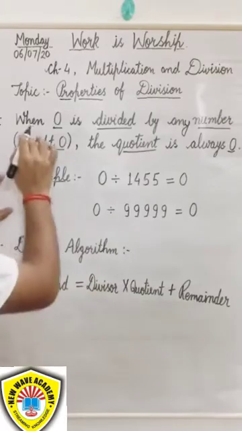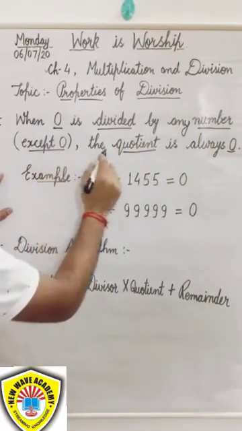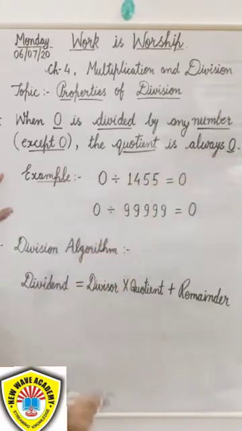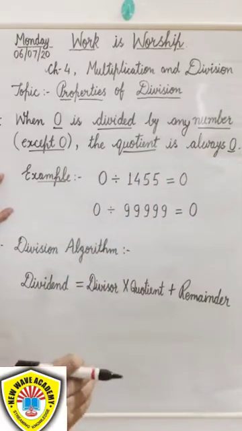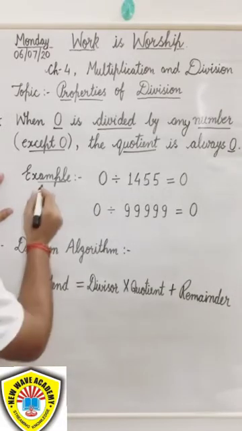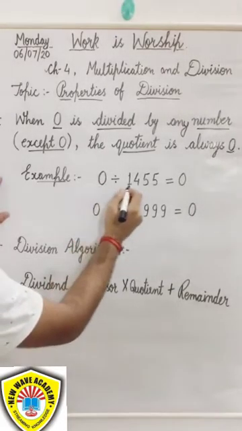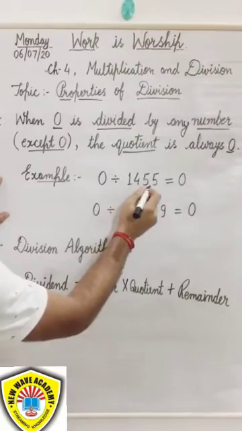Next property is: when 0 is divided by any number except 0, the quotient is always 0. It means when we divide 0 by any number, we will always get 0 as the quotient. For example, here we have 0 as the dividend, and we have to divide this 0 by 1455.